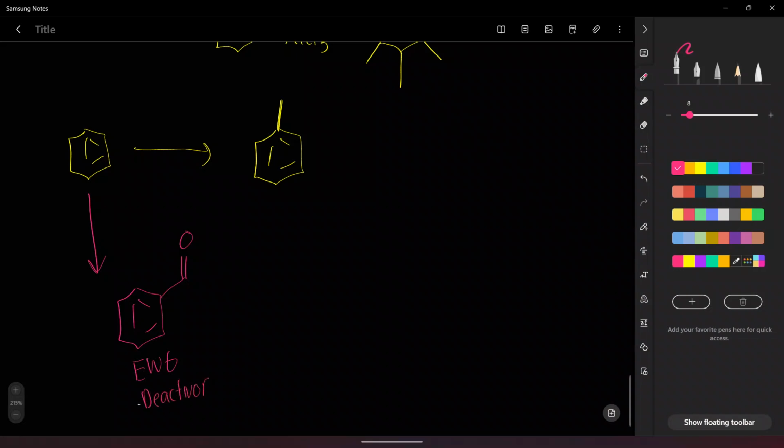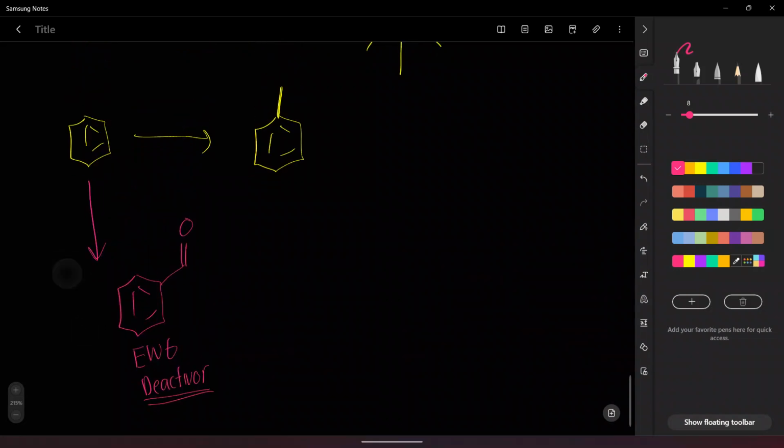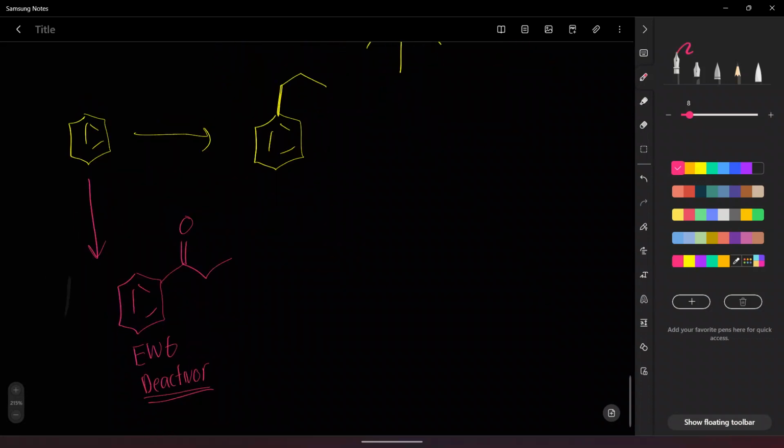And because it's a deactivator, I don't have to worry about this molecule in the pink accidentally reacting with, let's say, I don't know, let's say I wanted to turn this into propylbenzene, right?